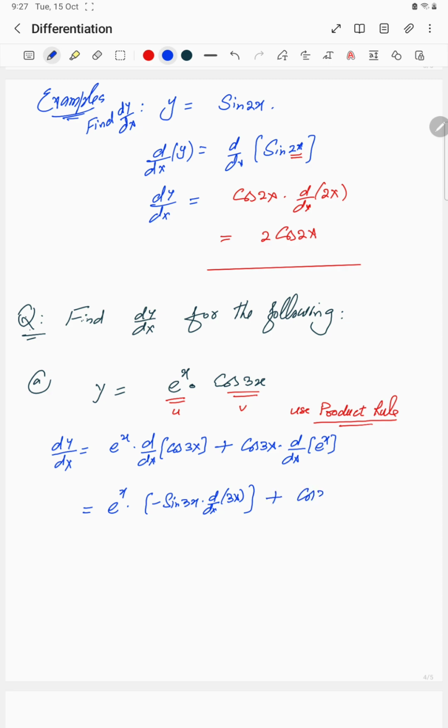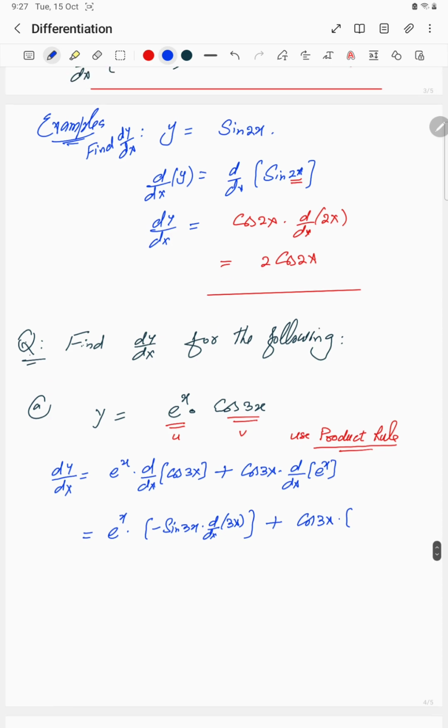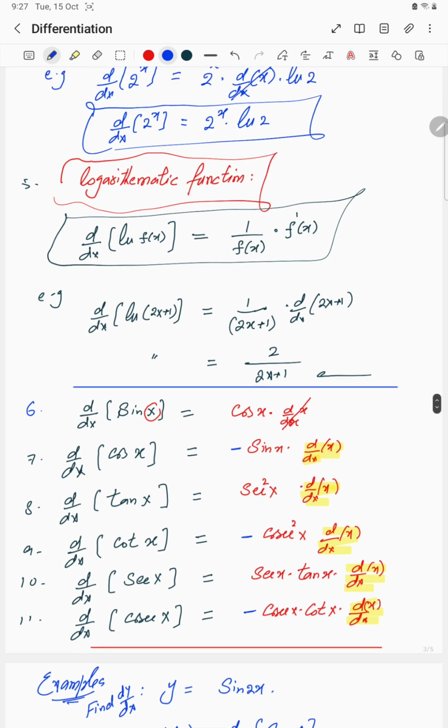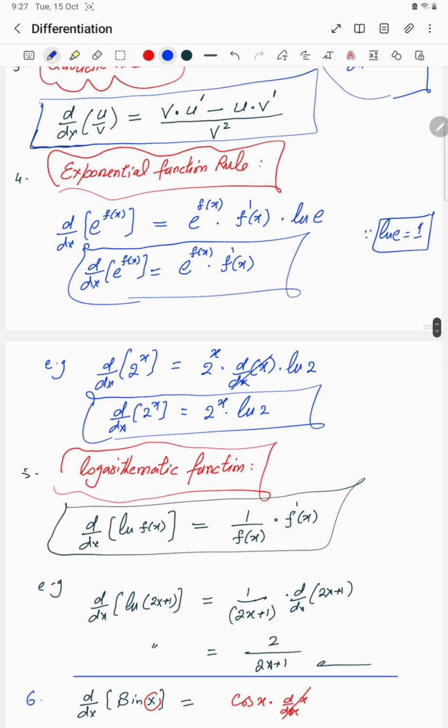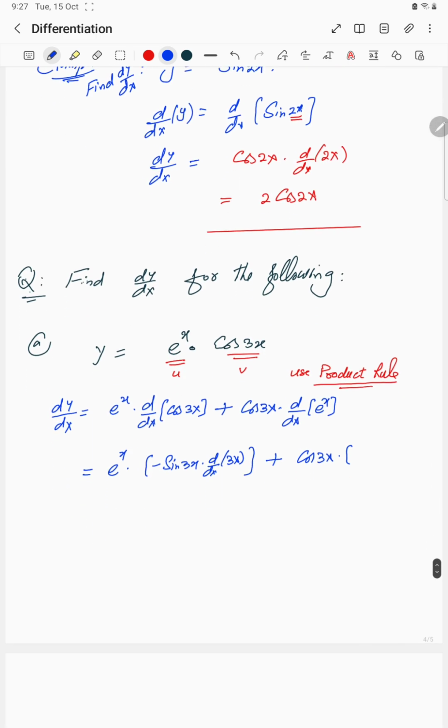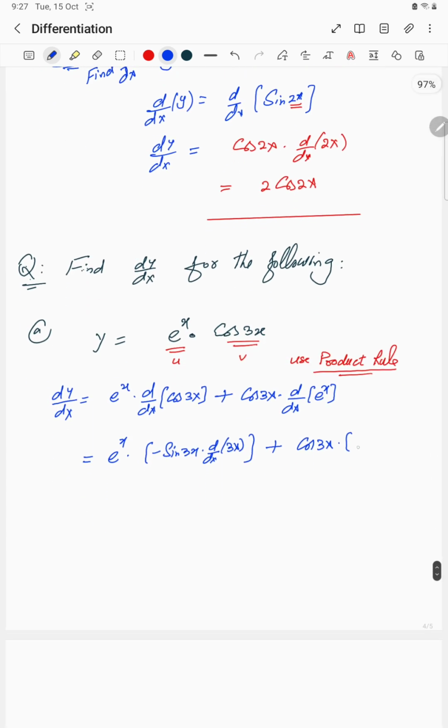Plus here cos of 3x times the exponential function. We know e power x stays the same: e power x times the derivative of the power. For any such function, it is e power x times the derivative of the power, and natural log of e is 1, so there is no need to write it. So the final answer: this gives us 3, right?